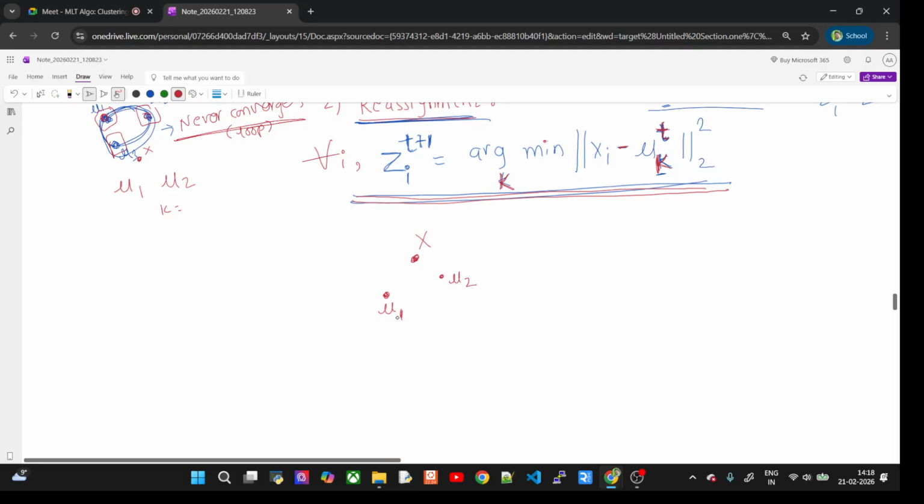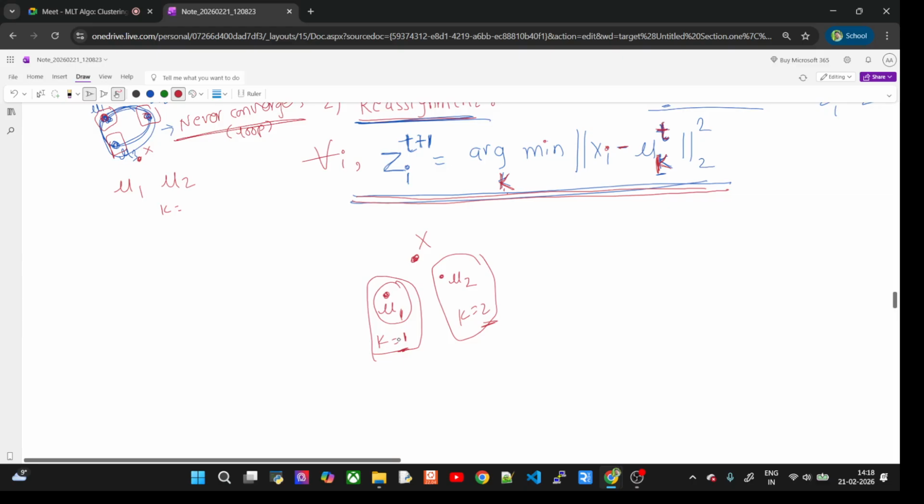So k asks whether I should go with k equal to 1, which is mu1, or k equal to 2, which is mu2. I need the argument k which gives the minimum of the squared norm of xi minus mu k at the t-th iteration. Give me the value of k, 1 or 2, either is fine.